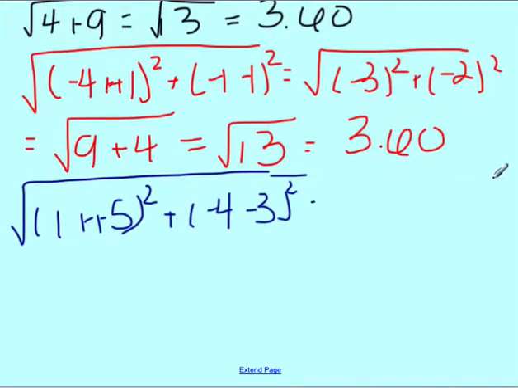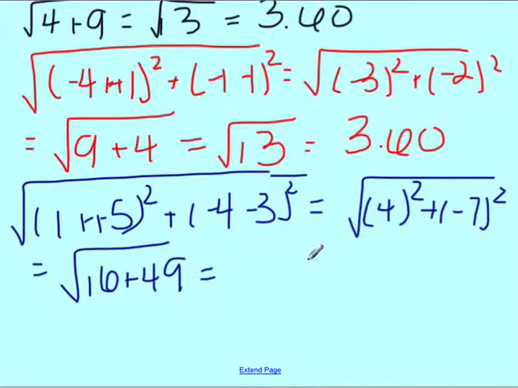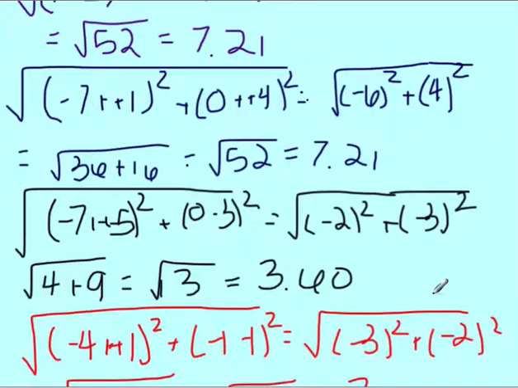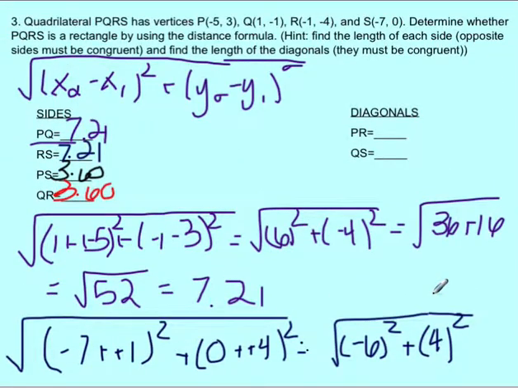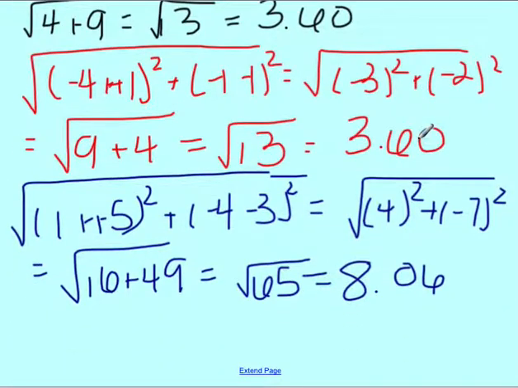Then here we're going to get 4 squared plus a negative 7 squared, and that's going to give us the square root of 16 plus 49, which is equal to the square root of 65. The square root of 65 is 8.06. So that's your answer for PR, 8.06.